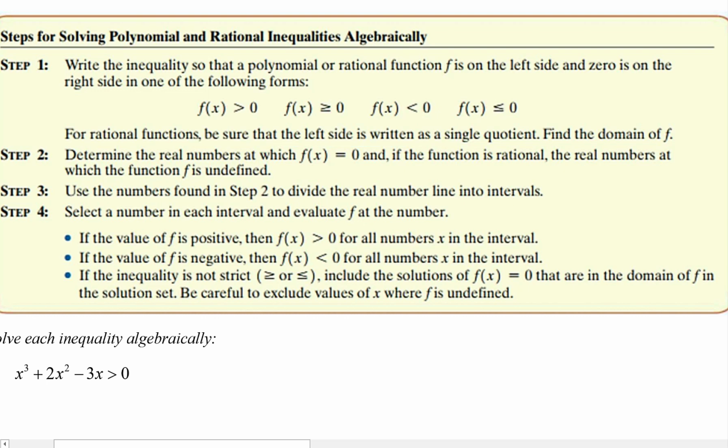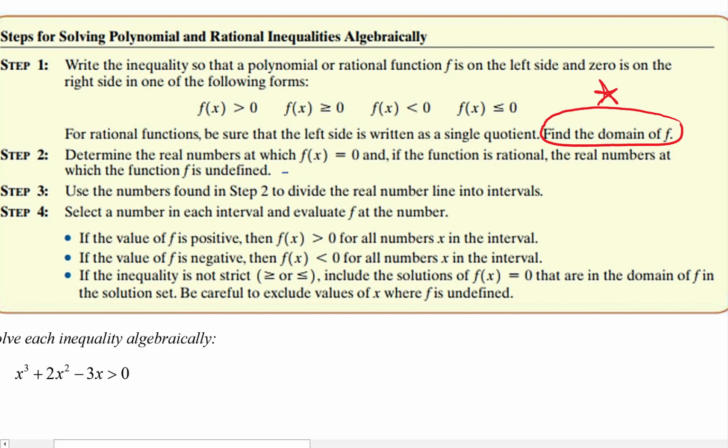All right, let's go ahead and get started. Oh wait, I didn't do step 2. Step 2, well, we said find the domain of f, very important. Step 2, determine the real numbers at which f of x is equal to 0, and if the function is rational, the real numbers at which the function f is undefined. So those are what I like to call critical numbers.